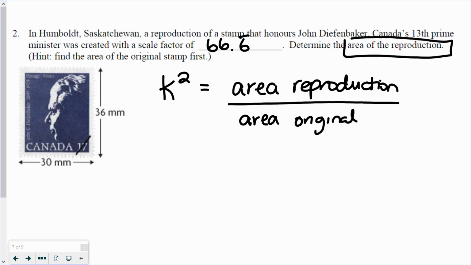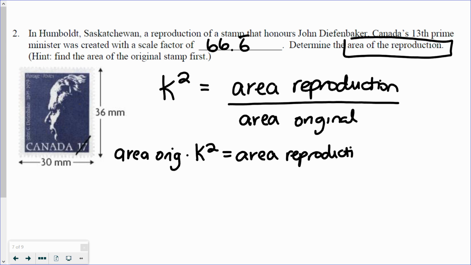If we rearrange this formula, we need to multiply both sides by the area of the original to get our area of the reproduction. So our area of the original is 30 millimeters by 36 millimeters. Our k squared, 66.6 repeating.